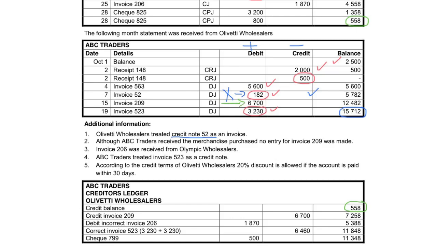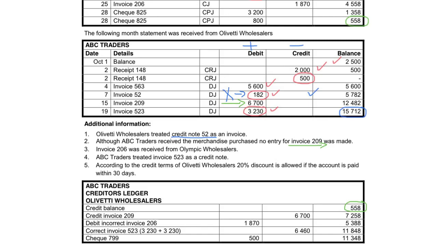This invoice did not appear in the creditors ledger. Now they say they received these goods, but invoice 209 was not recorded. So the business made a mistake by not recording it. So we will enter it in the creditors ledger.